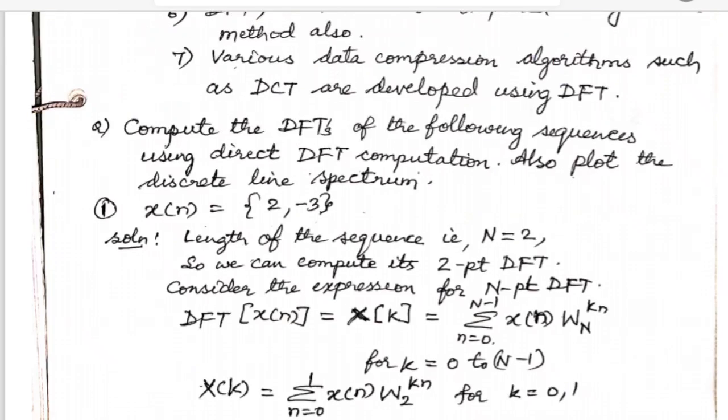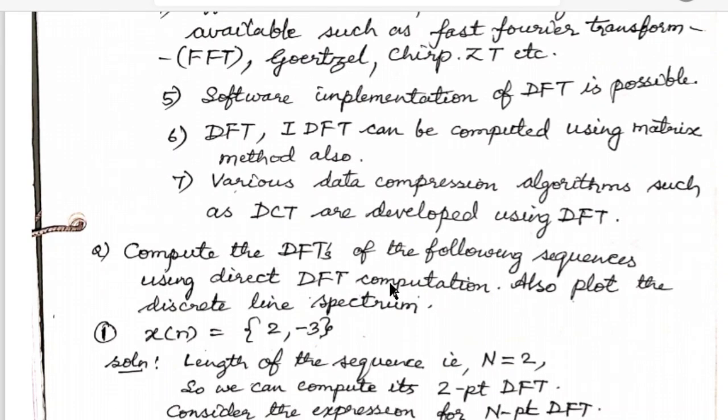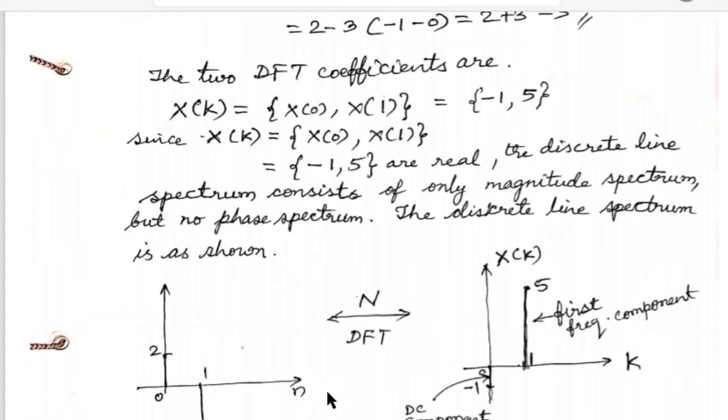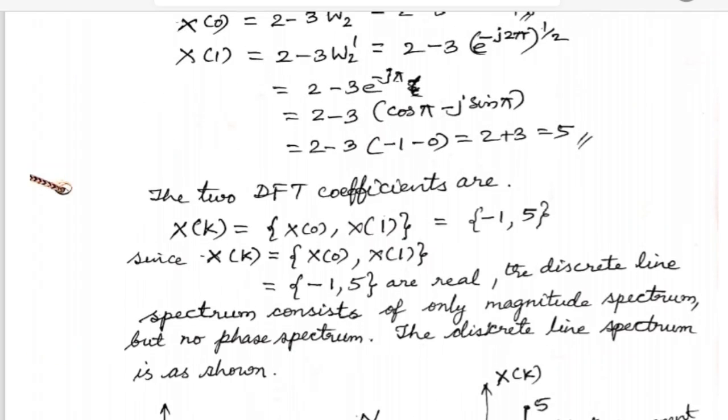Now in the question he has asked, after finding this DFT, this method of finding the sequence is the direct DFT computation method, and he has asked along with this to plot the discrete line spectrum. So the discrete line spectrum is shown with a graph.